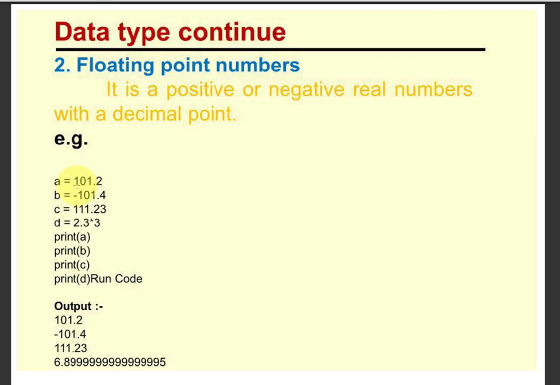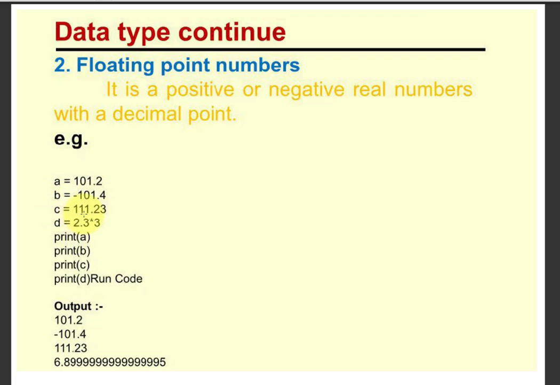So there a equals 101.2. This is a floating point value, a decimal value, and the b variable will also become a floating point number. With a negative number, minus 101.4 is stored in the variable c.